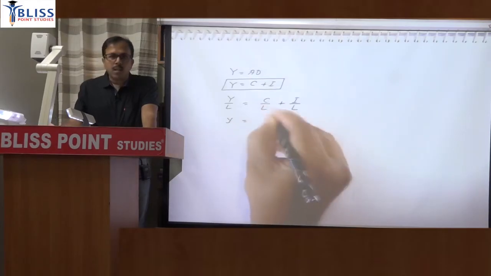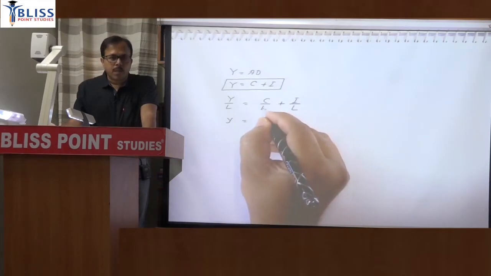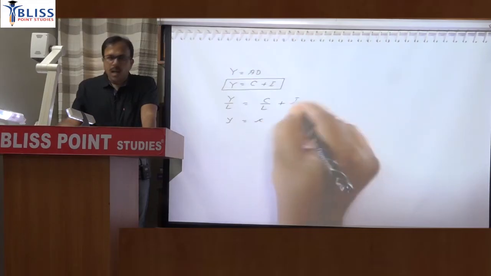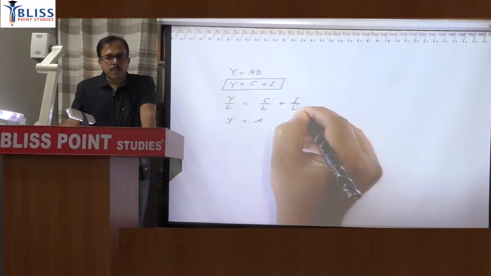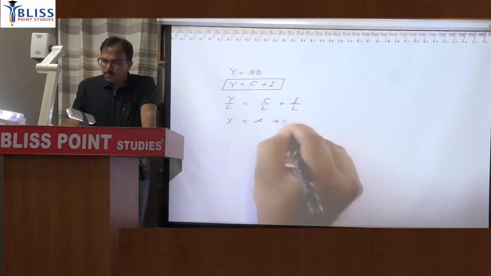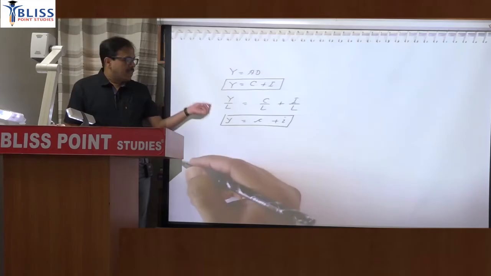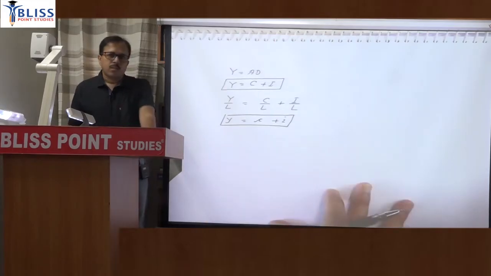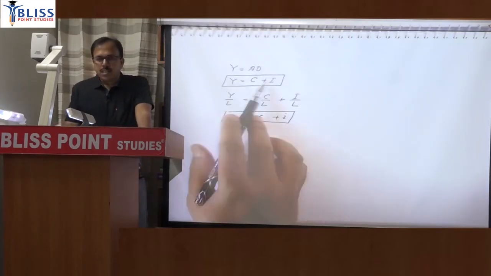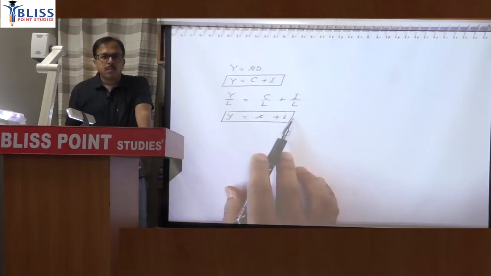C by L, consumption per capita, small c. I by L, investment per capita. So small y is equal to small c plus small i. Clear? So this was aggregate and this is in terms of per person or per capita.